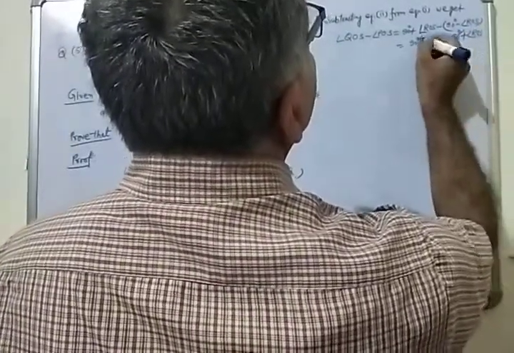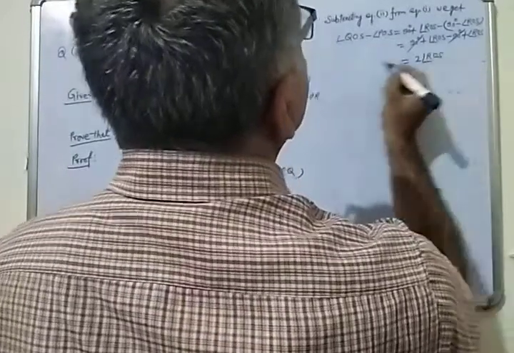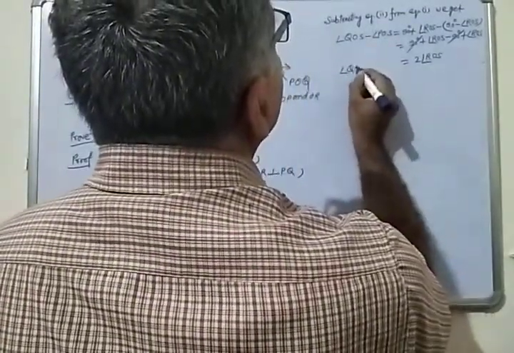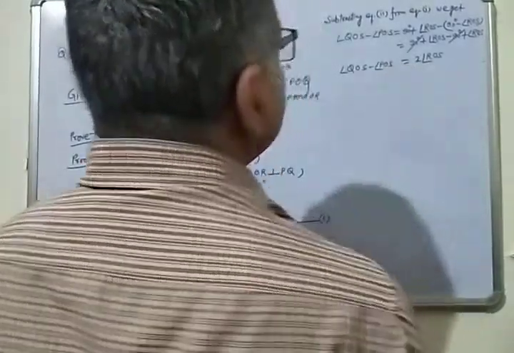The 90 plus 90 minus cancel out. This will be 2 angle ROS. Here is angle QOS minus angle POS.